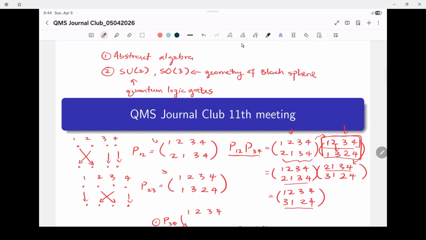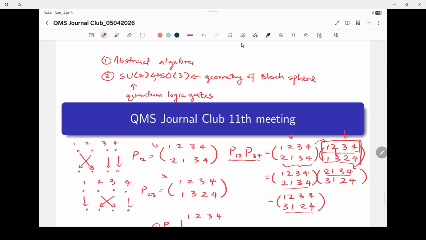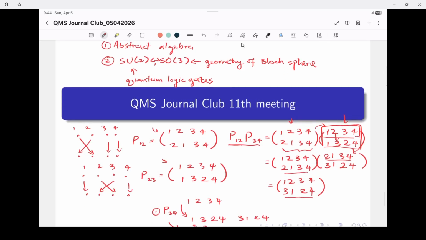So without understanding the correlations between your SU2 and SO3, it is kind of difficult for me to keep giving you all these different relationships between SU2 and SO3, like in the Nielsen and Chuang book. They kind of assume that you know part of this. So that's why I go through abstract algebra and then the group structure and the Lie algebra structure of everything before I go back to Nielsen and Chuang.